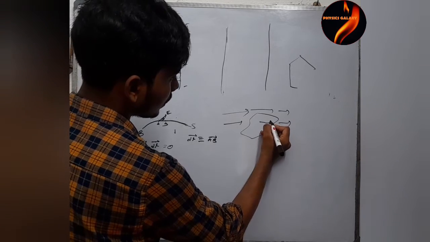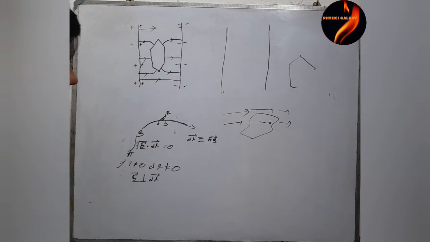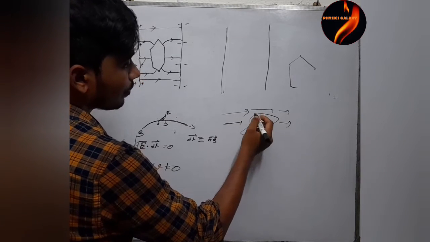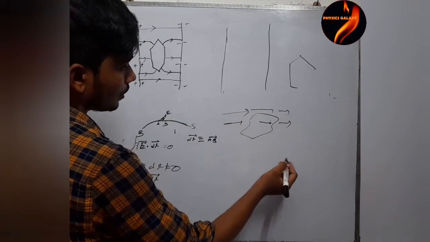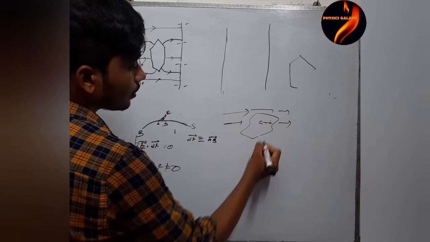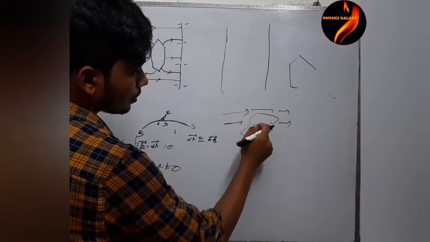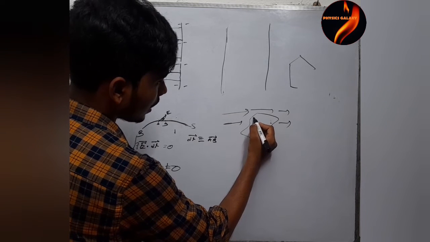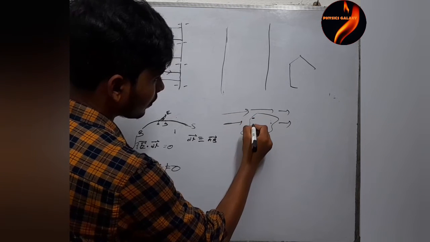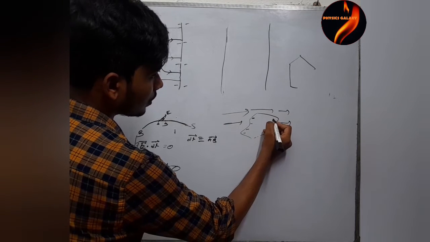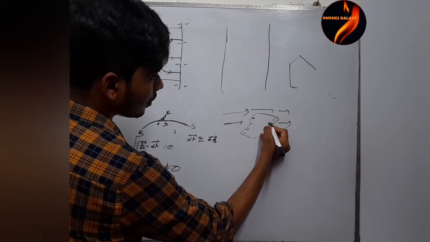We know that electrons are negatively charged, so they move opposite to the direction of the electric field, and after some time the electrons move to one side of the conductor, and the other side of the conductor becomes positively charged.